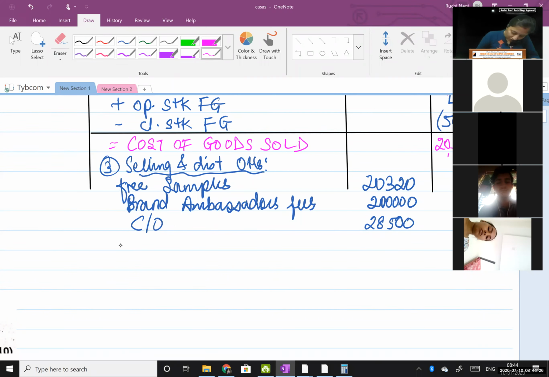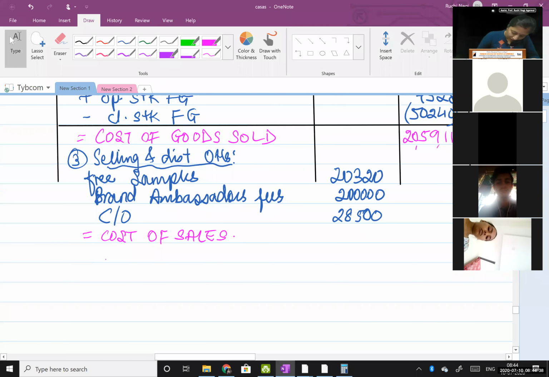We total all this, we get cost of sales. Take the totals in the outer column. Then after this we will add profit. And finally we will get sales. Okay. So this is what we are supposed to do. So just note this down.